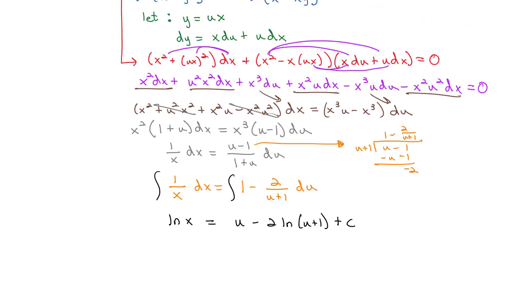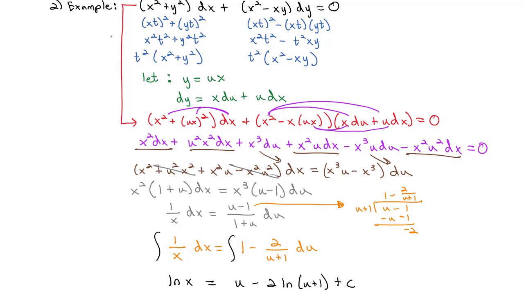If we scroll up, remember we said originally we let y equal ux, which means if I solve that for u, u is equal to y divided by x. And we're going to take that substitution and help us solve for our final result.